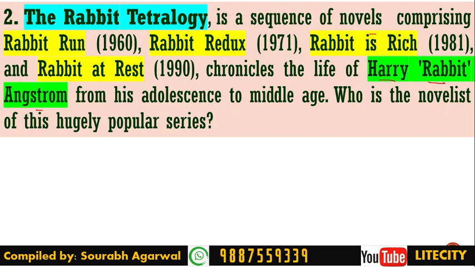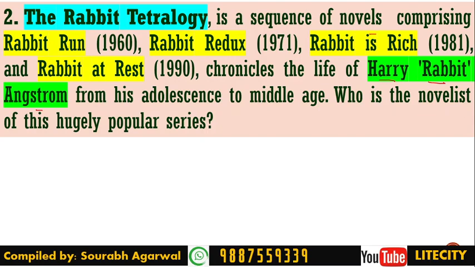Let me tell you side by side, two of these novels won the Pulitzer Prize, Rabbit Is Rich and Rabbit at Rest, and we can say it's a very great work. It basically presents these 30-40 years and the development of American society, ecosystem and environment, and it is a very wonderful journey.